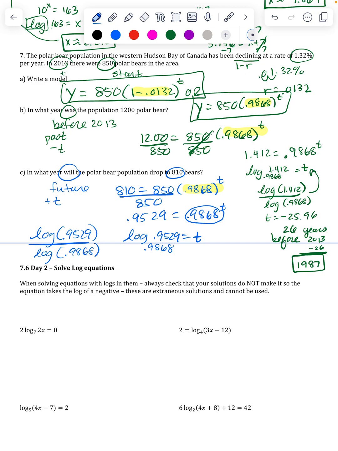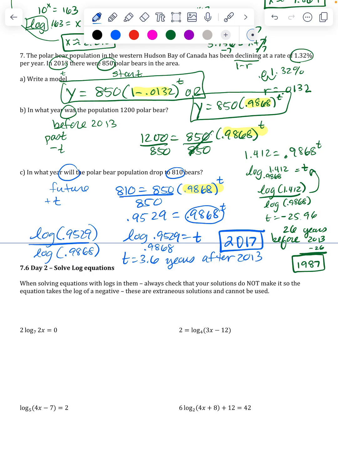When I do that, I get t is going to equal 3.6, and that's going to be years after 2013. So basically in that fourth year, so it would be during the year 2017 that population dropped to 810.